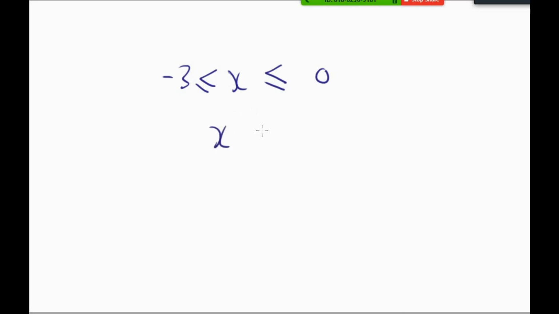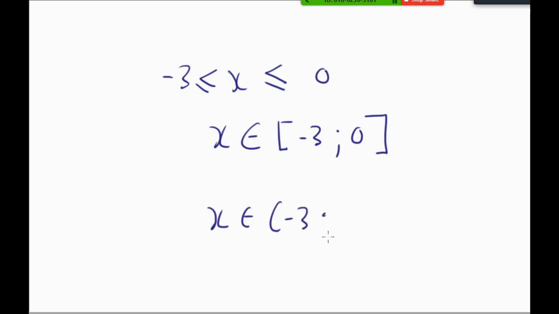That should actually be square brackets, because it needs to include -3 and it needs to include 0. So the answer that I had earlier on, with the round bracket, is incorrect, and this is the right answer. So thanks for that correction that you sent through, Tashreeq.